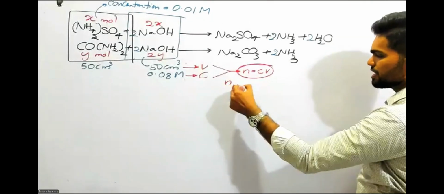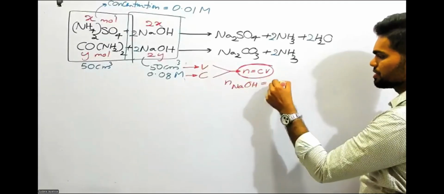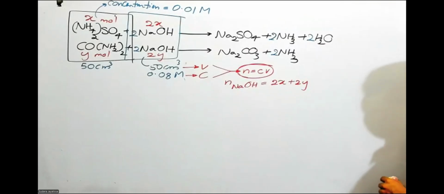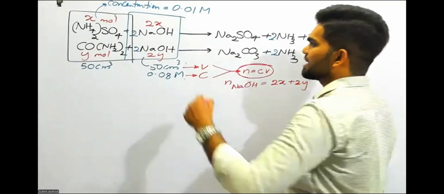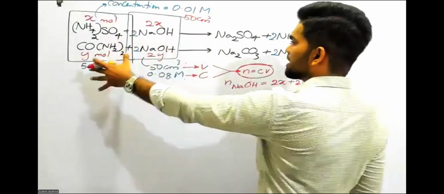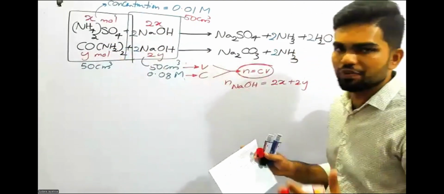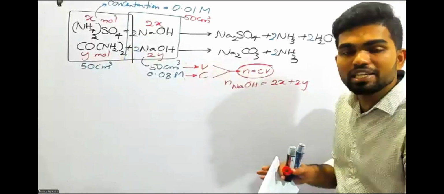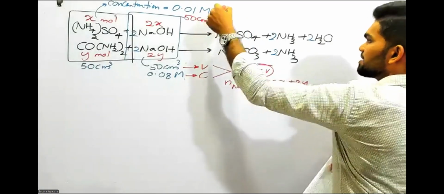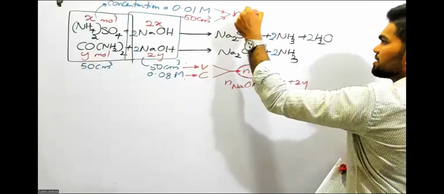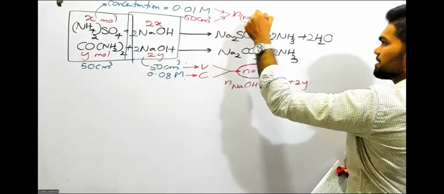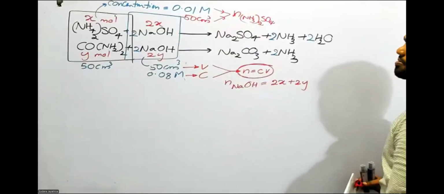Okay, so moles of sodium hydroxide is equal to 2x plus 2y. Okay, and then we know the x moles because here we are using 50 cubic centimeters, not from the whole sample. From the whole sample, it is 50. Okay, both solutions are there in the same liquid. So don't forget that. Okay, so using these two data, I can calculate moles of ammonium sulfate. Understand?